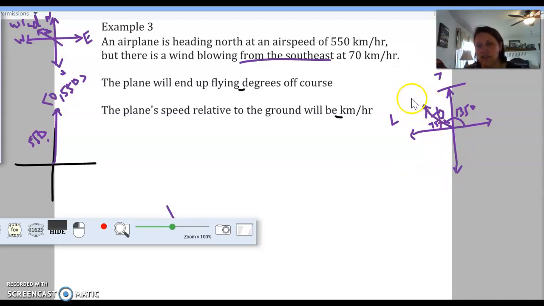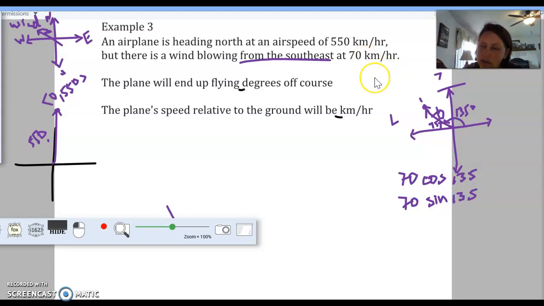So this value here is going to be 70, which is our magnitude, times cosine of 135, and then 70 sine of 135. So for just our wind, we are going to get the vector at the point negative 49.497, and then positive of the same thing since it is at a 45-degree angle.